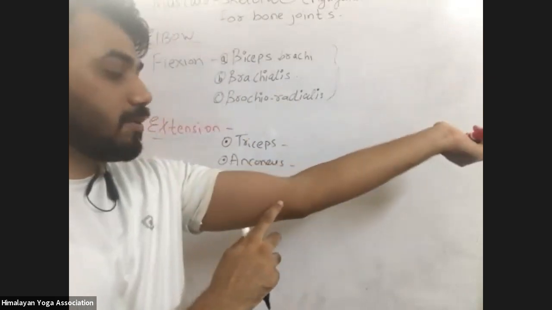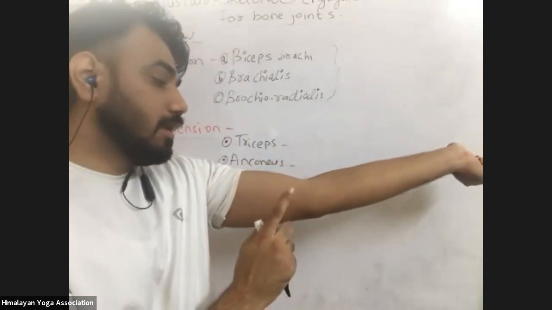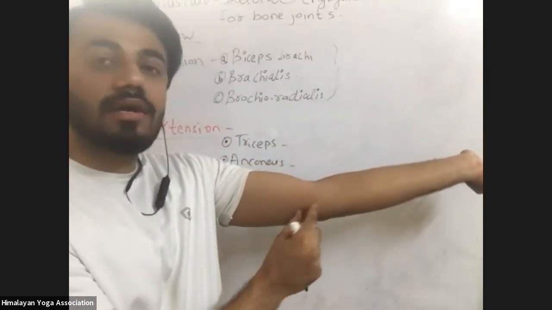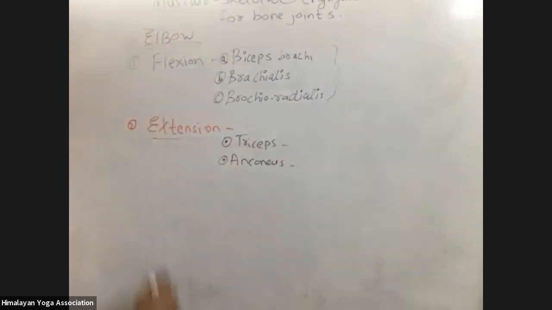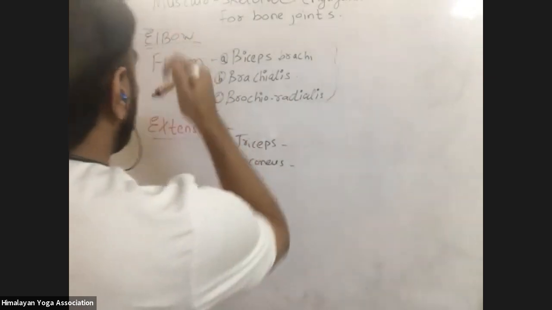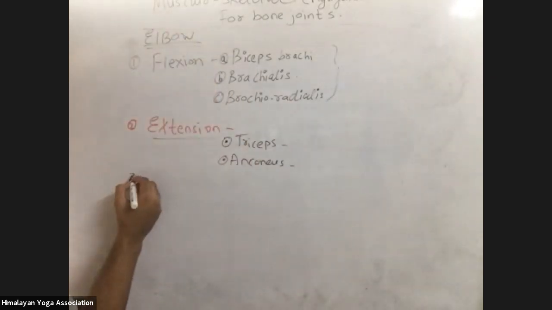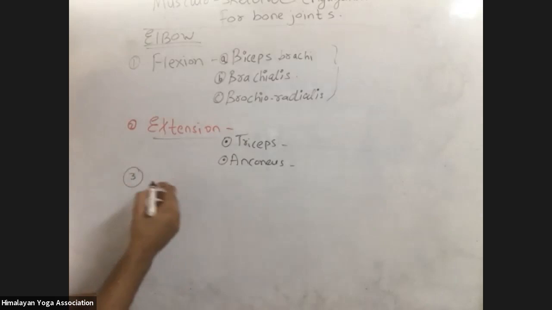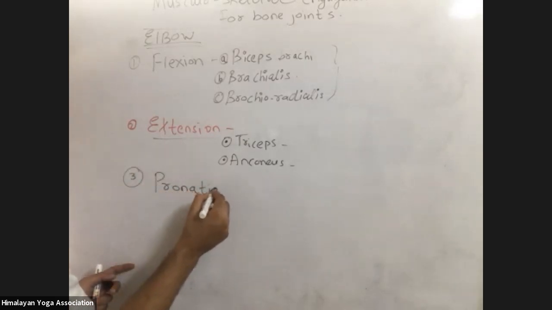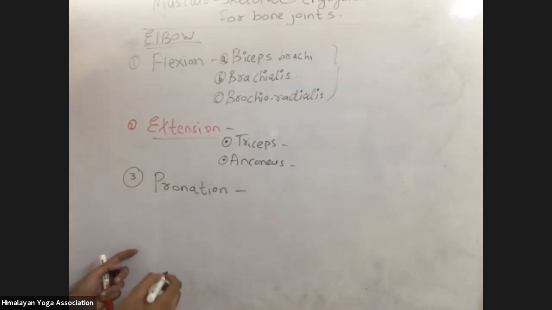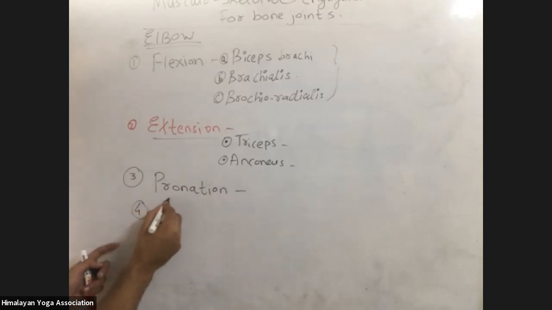Anconeus muscle starts from the humerus to the ulna, just this small portion. Anconeus is for the extension of the elbow. Can we proceed furthermore? We have pronation and supination. First we will see what is pronation, then what is supination.